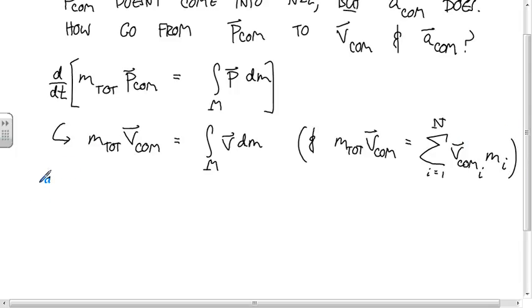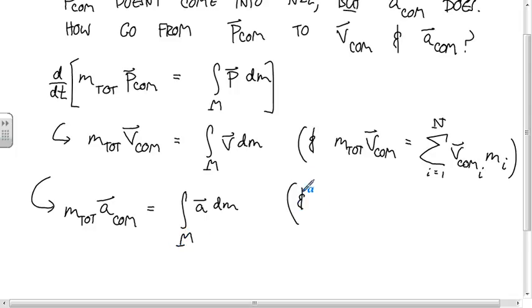And if you take a second derivative, you get that m total times the acceleration of the center of mass is equal to the integral of the acceleration dm, and that also holds for the sum formula.